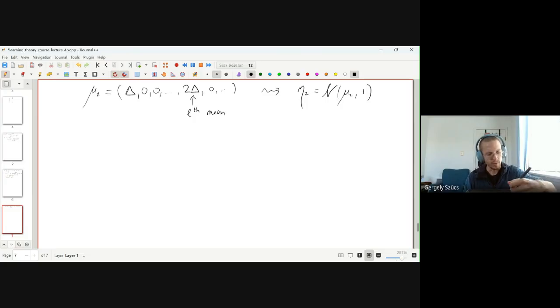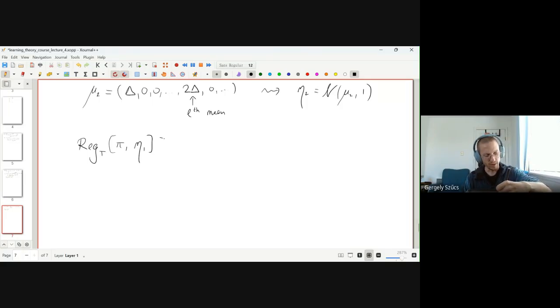So, okay, let's see. We can say that the regret up to time t of pi against eta 1. For eta 1, the optimal arm is the 0th arm. And anytime we pull something that's not the 0th arm, we incur an expected regret of delta.